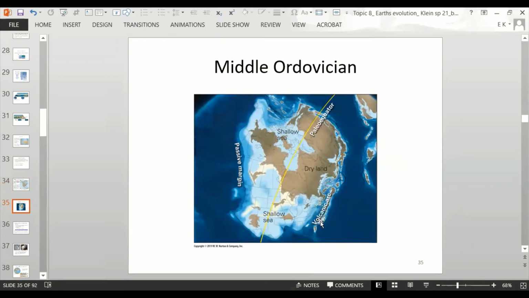Now this volcanic arc here, we learned about that when we talked about the tectonic orogeny that formed mountains in New York City. We talked about a volcanic arc colliding with ancestral North America. That happened around this time period in the Ordovician. So that's this piece of land that's going to collide with North America and form those mountains.